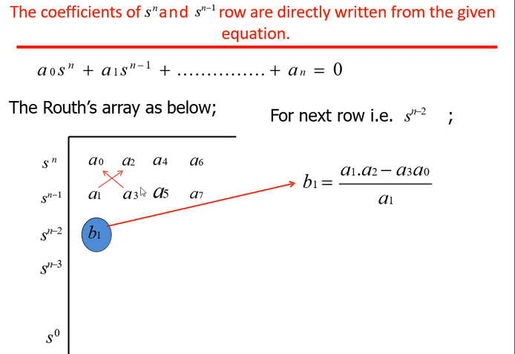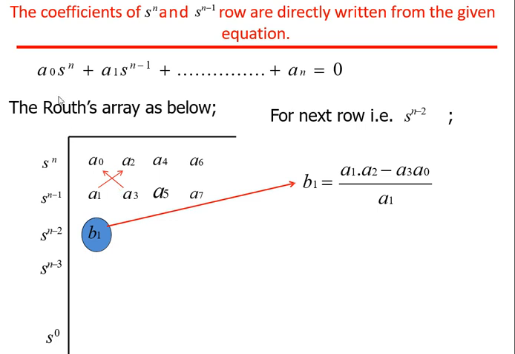These two steps are very simple and very important, because based upon these coefficients only, the next things will be calculated. So carefully observe the odd and even coefficients. Again I am repeating, in the s raised to n row, we write even coefficients a0, a2, a4, a6, and in the next row, s raised to n minus 1, we write odd coefficients a1, a3, a5, and a7.